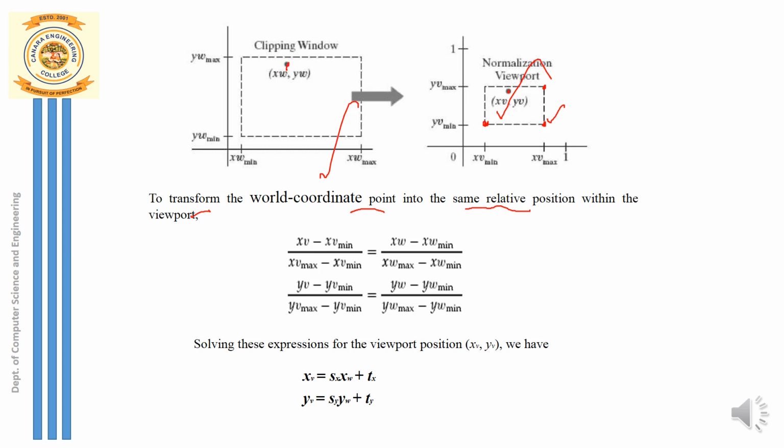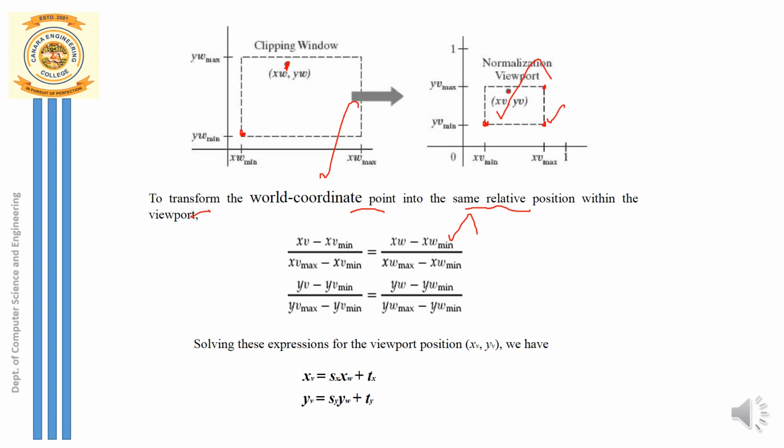What is the relative position with respect to the window? I'm just saying the numerator part and the two positions. So it is xv minus xv min with respect to the viewport. What about this? It is xw minus xw min with respect to the world coordinate system, with respect to the clipping window. So those are both the numerators, and what is the denominator there?